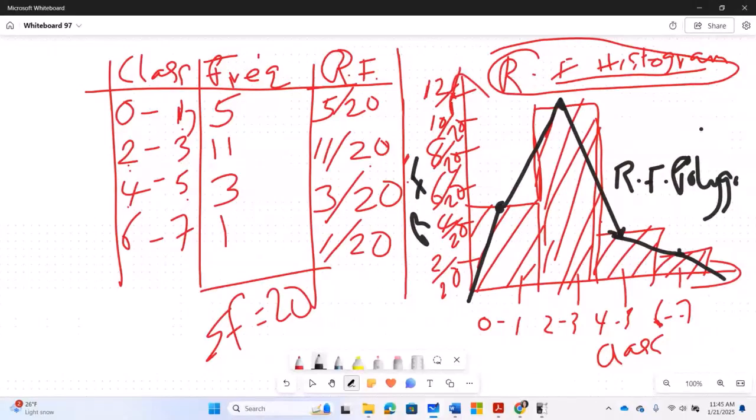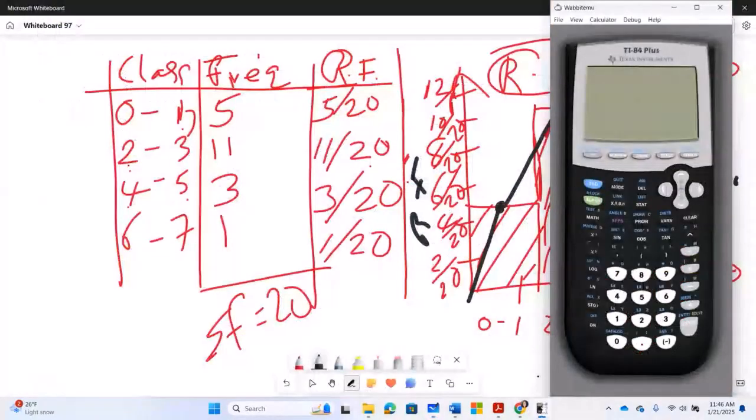So I can already see that this data looks like it's skewed. But anyway, let me pull my calculator up so I can calculate the mean and the median. We already know how to calculate them because we know how to do one variable stats. So I'm going to turn my calculator on, second quit, and clear.